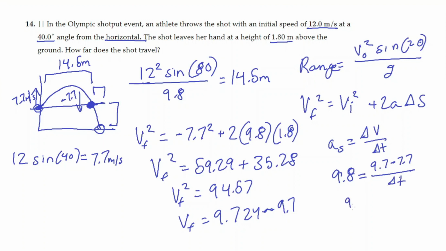So we're going to have 9.8 is equal to 2 over delta t. And if we switch delta t and 9.8, it would be 2 over 9.8, which would give us a delta t of 0.204.